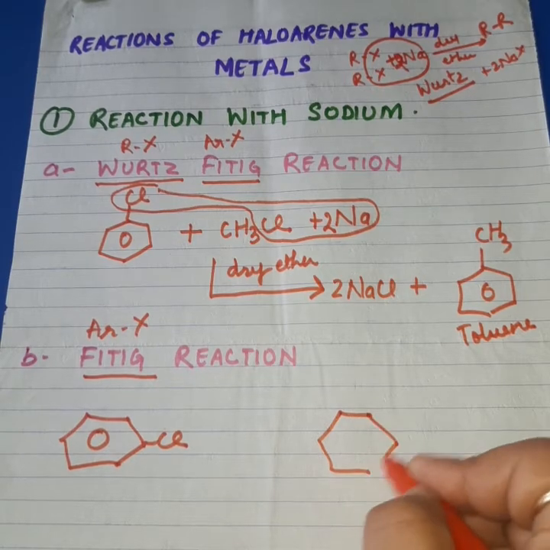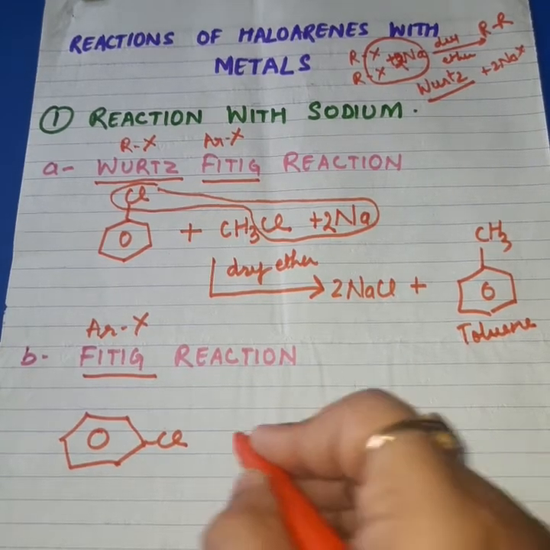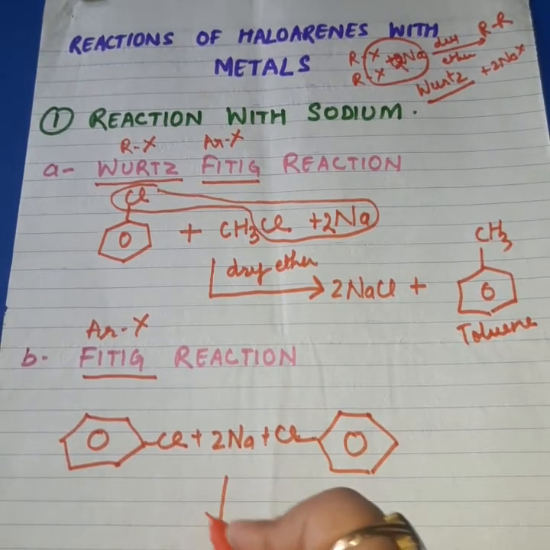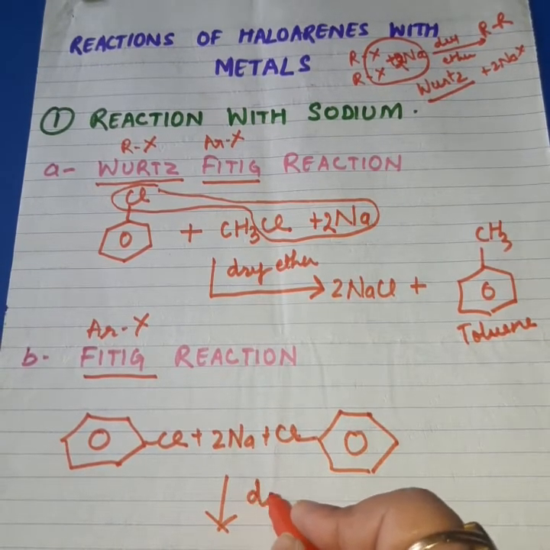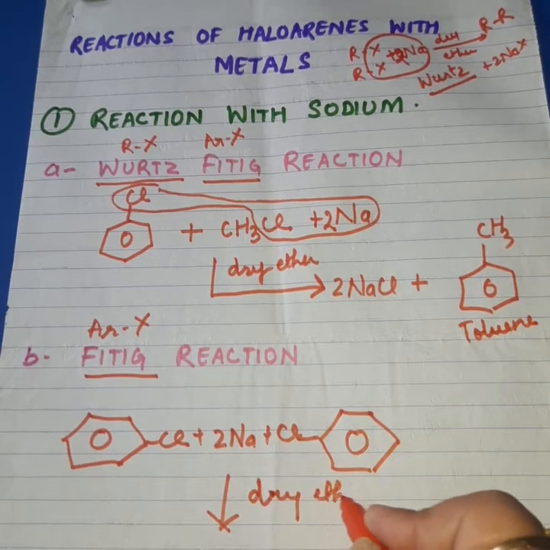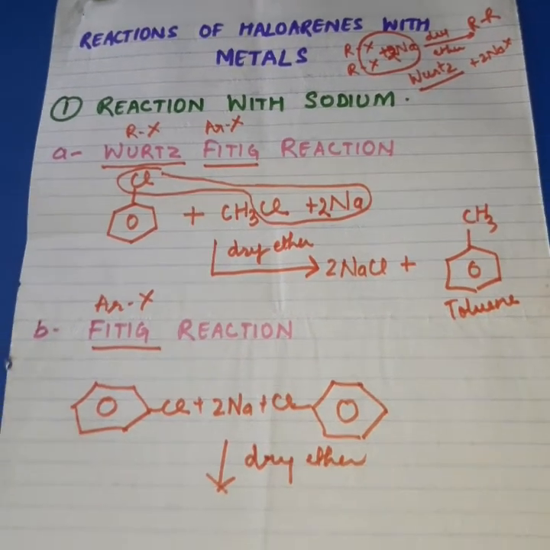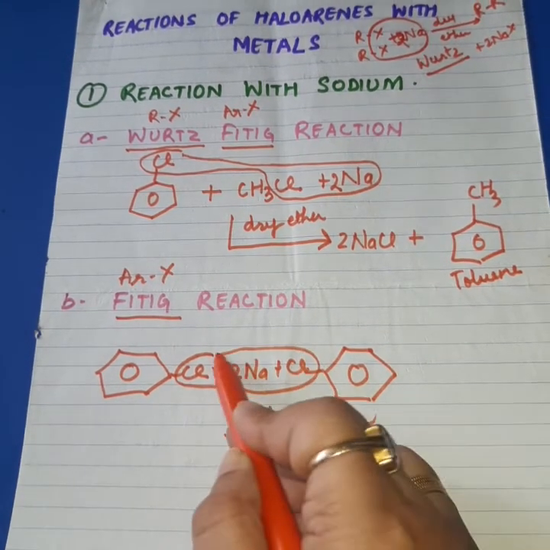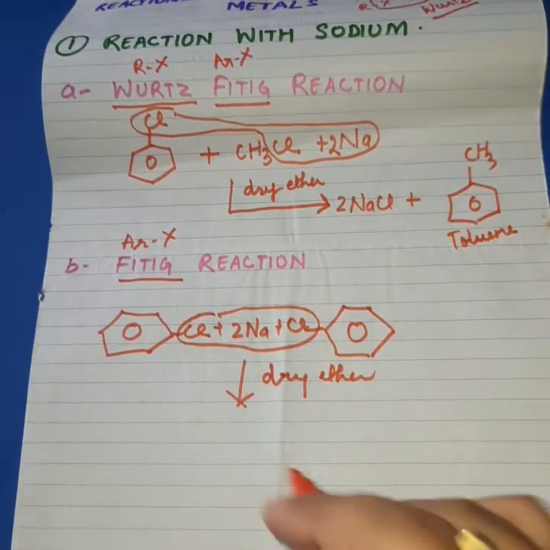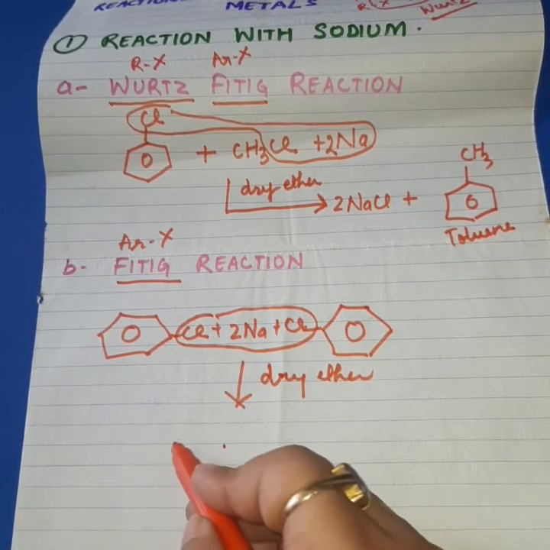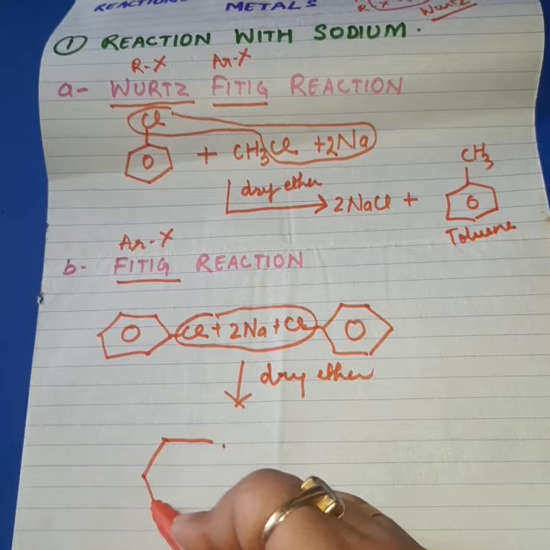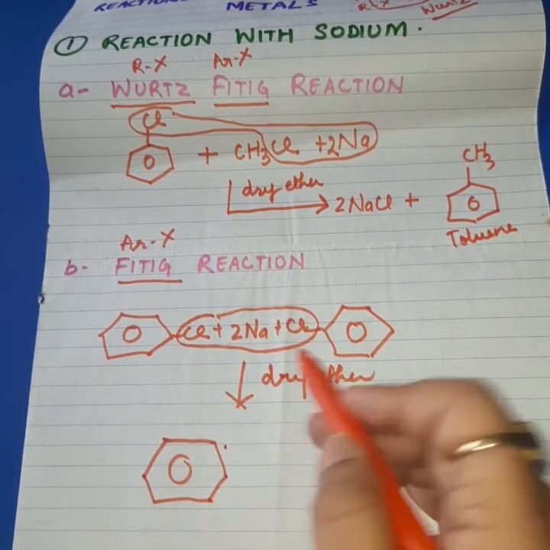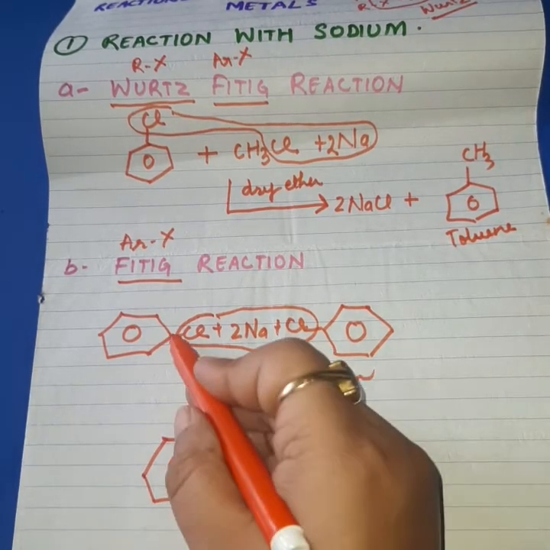When they react with 2 moles of sodium metal in the presence of the same inert solvent, dry ether, it results in the removal of NaCl. And with the removal of NaCl, two benzene rings get bonded together via these carbons.